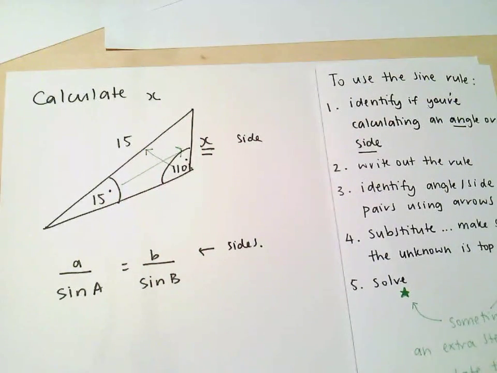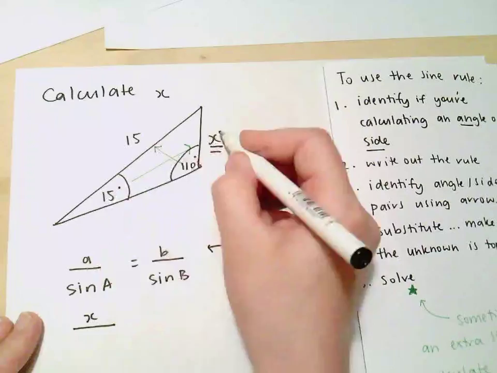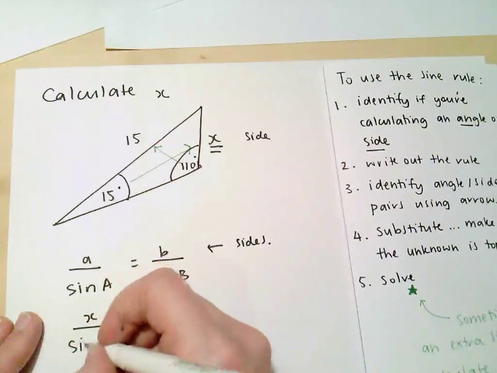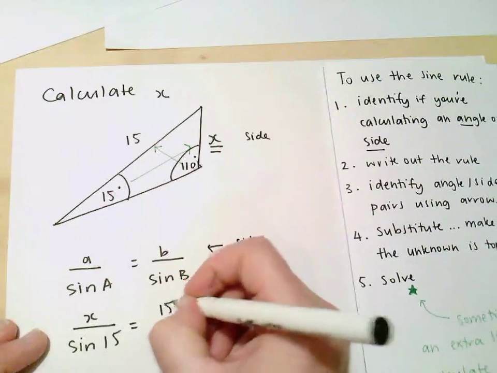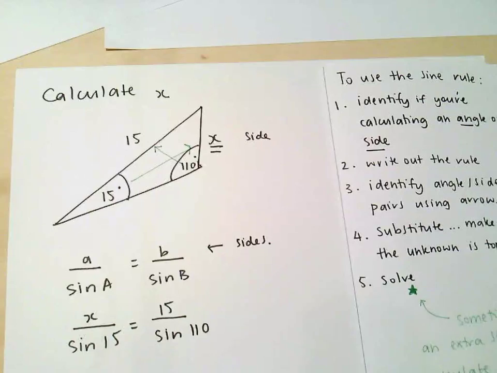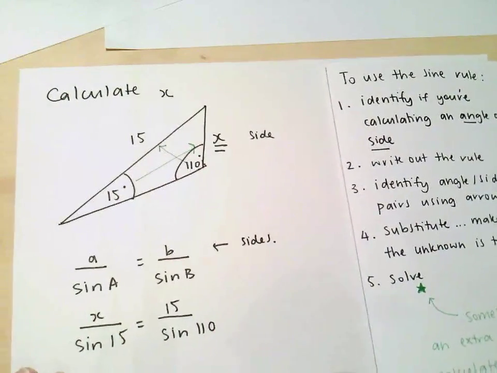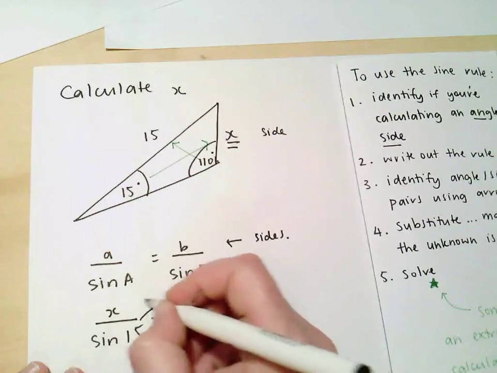I substitute in, making sure the unknown is on the top left. My unknown was my x, so I write x over here. The angle pairing with x is sine 15. I write my b, my other side at the top, and the angle pairing with it, which is 110. My last step then is to solve. I need to move this sine, divide by sine 15 up by multiplying.